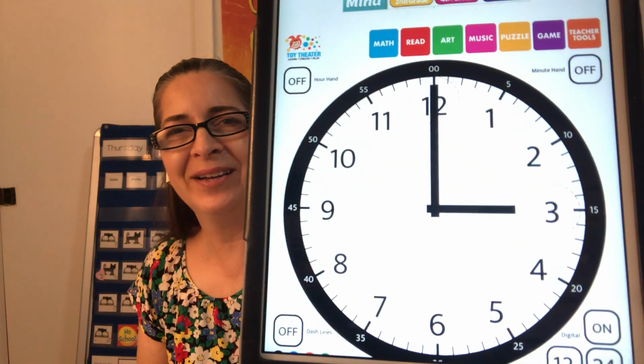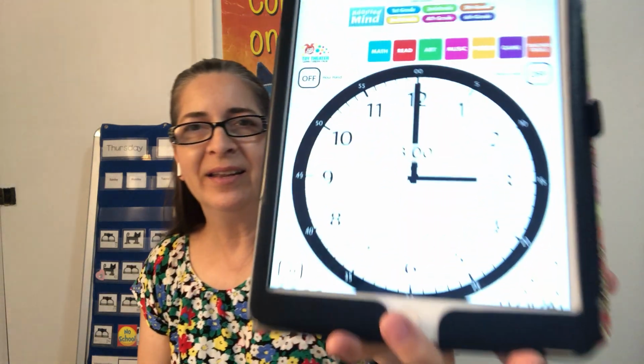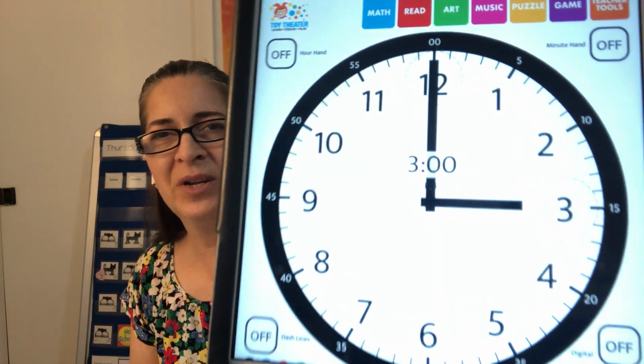Right, 3 o'clock. That's the time that classrooms usually close down for kindergarten. Let's show the time for that one. There it is, 3:00, 3 o'clock. Keep practicing telling time. It's a very helpful skill for you to develop.